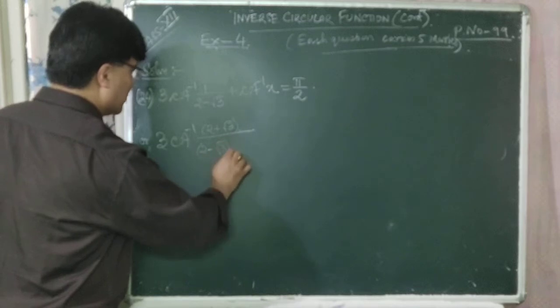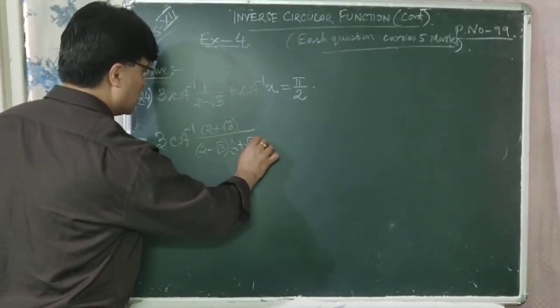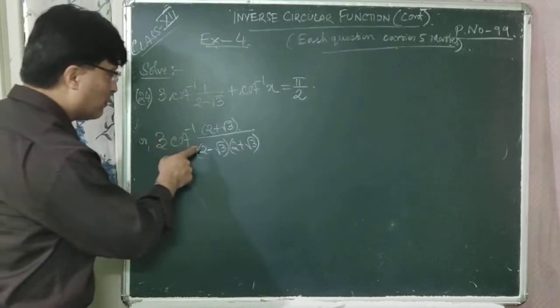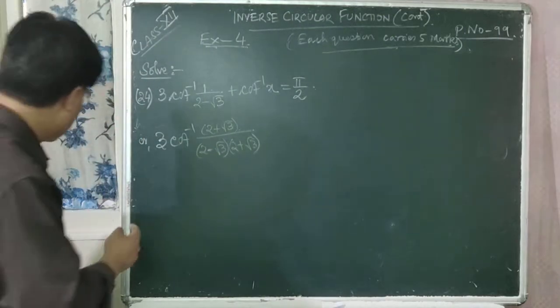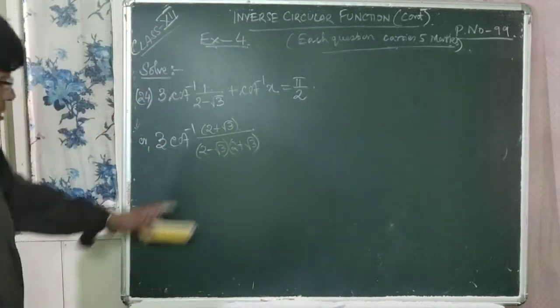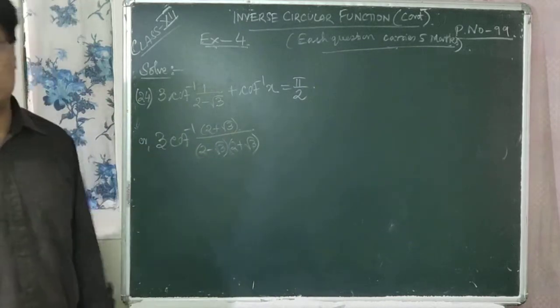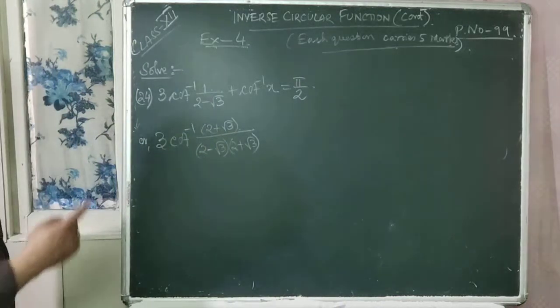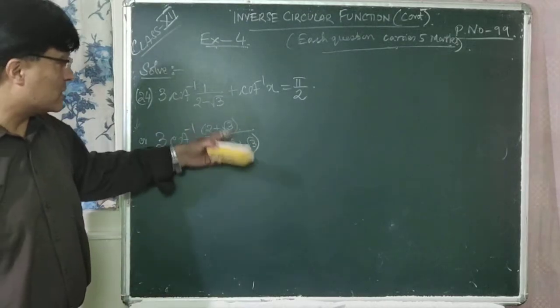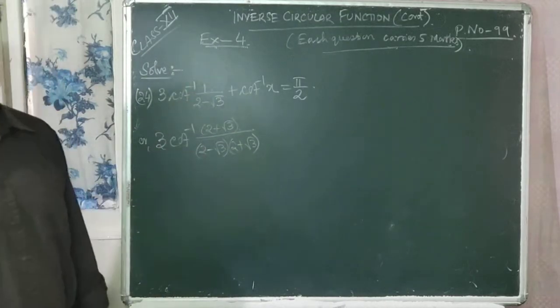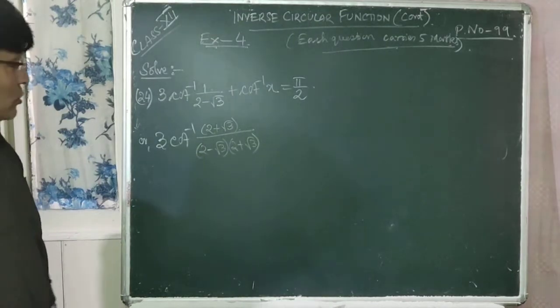2 minus root 3 into 2 plus root 3. That means you have to multiply this 2 minus root over 3 by the opposite sign. Opposite sign means if there is minus, you should write plus sign there. 2 plus root 3, and in the numerator also you should write 2 plus root 3, because this will be cancelled and you will get the same expression, that is 1 upon 2 minus root 3, right?